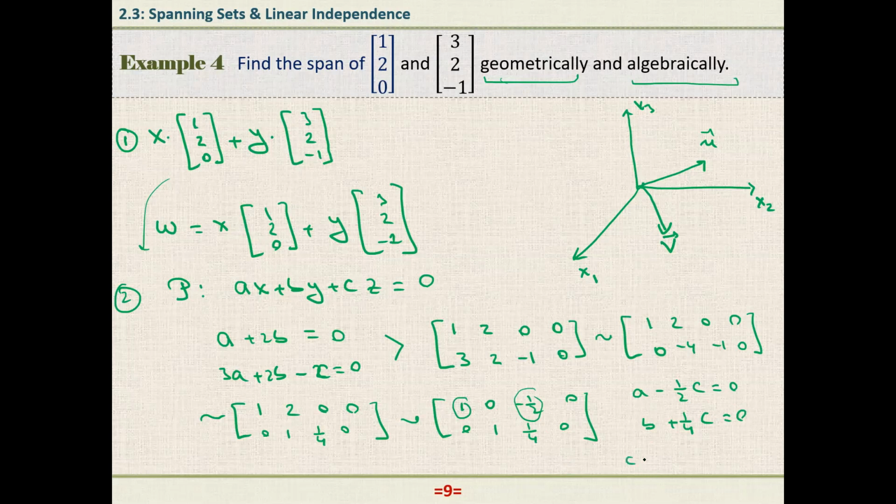If I take c as 4, for example, then b will be -1, and a will be 2. So this gives us the equation of the plane that passes through the origin. And (1, 2, 0) and (3, 2, -1) serve as direction vectors of this plane.